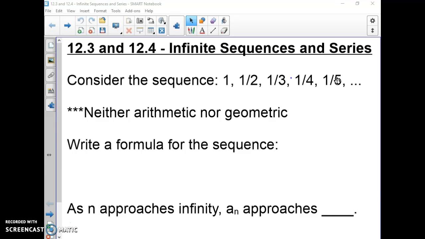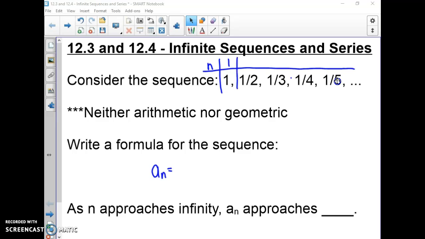So if we were going to write a formula for this, if we were writing an a sub n formula, how could we write that formula? Let me do this. Let's make this n, right?